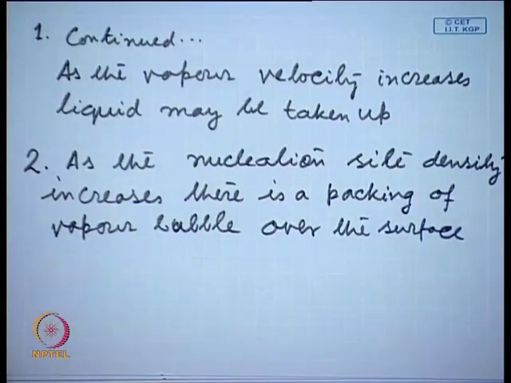Over the surface there is a packing of vapor bubbles. Okay. Earlier isolated bubbles were generating and leaving. Now, there will be a packing of vapor bubbles over the surface. Okay.